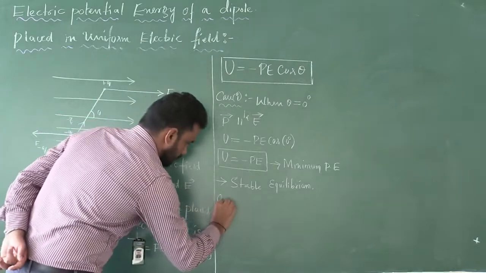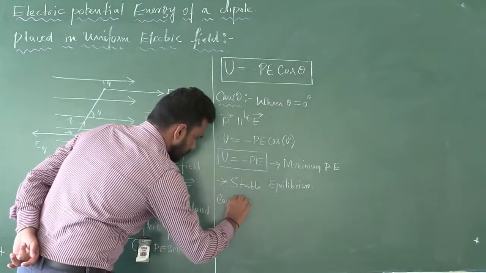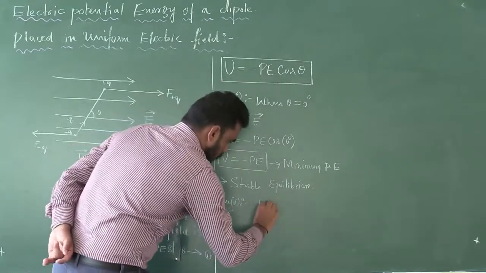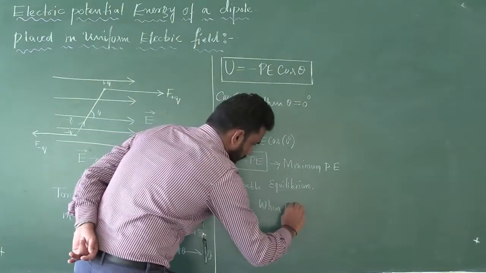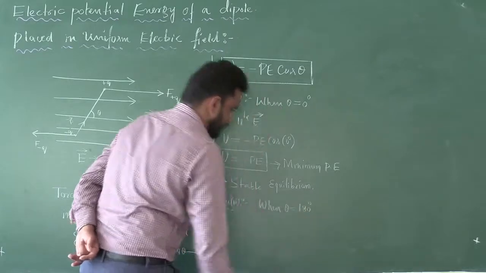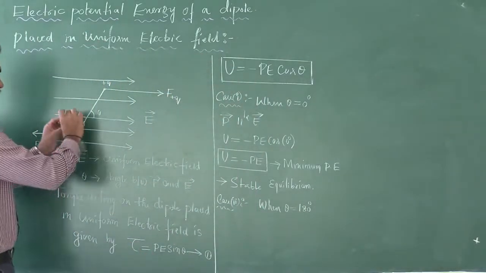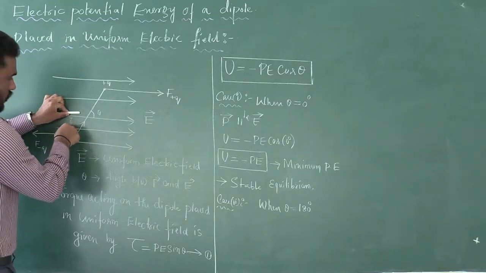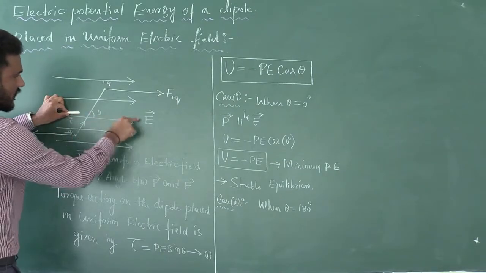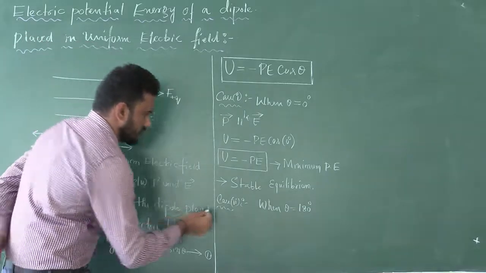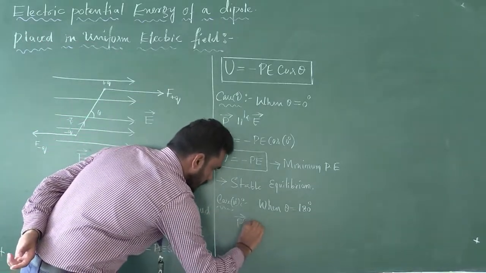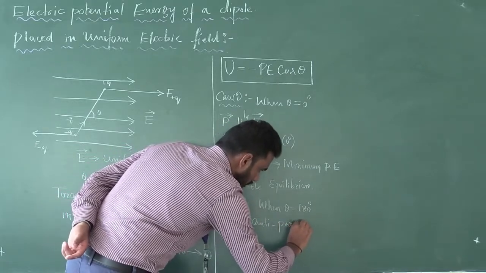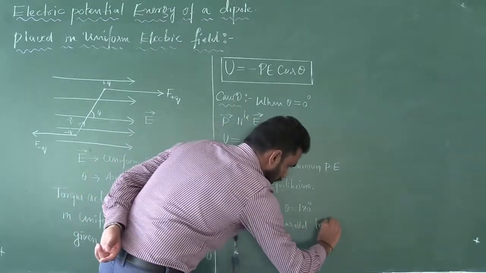Case number 2: when theta is equal to 180 degree. 180 degree means like this, which means the dipole moment P is anti-parallel to the direction of electric field.